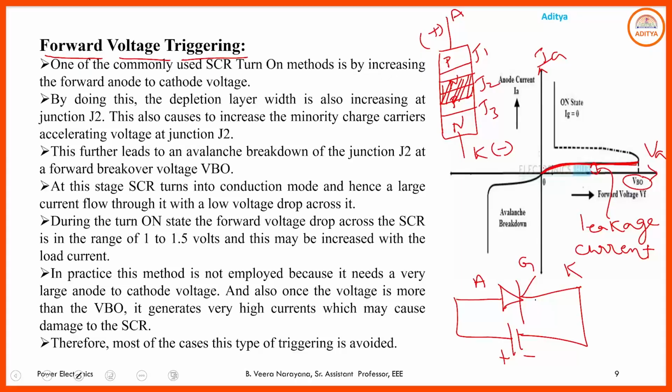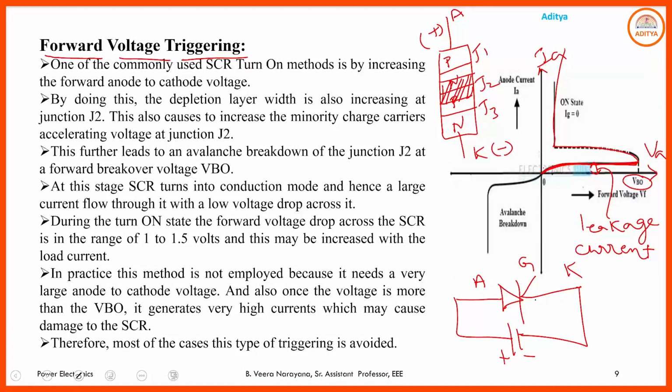Whenever the voltage available across the SCR crosses the forward breakover voltage, the depletion layer at junction J2 vanishes or disappears, and all three junctions are in forward bias and the SCR shifts from forward blocking state to forward conducting state. Whenever the voltage across the SCR crosses this forward breakover voltage, it immediately transits from forward blocking state to forward conducting state.